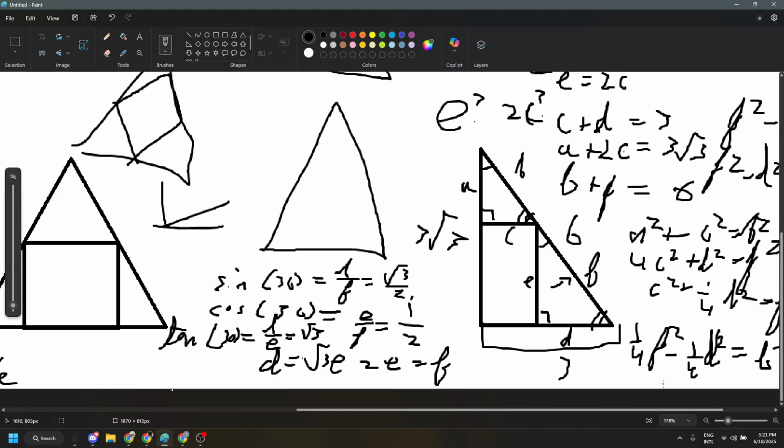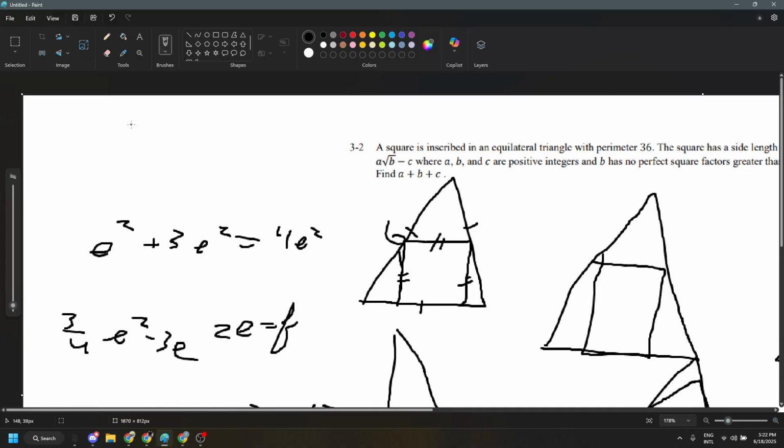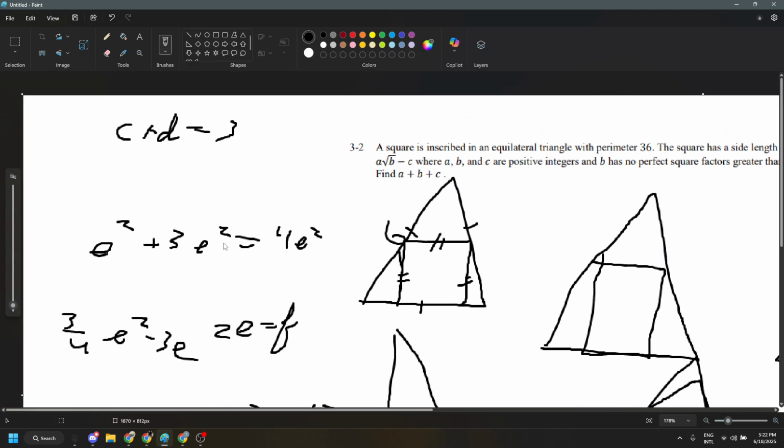We need to assign a value. In order to do that, we need to use this or this. We don't want to include A or B because those aren't needed. We could do C and D. So C plus D is equal to 3, right? Oh my gosh, we've been doing this problem for so long.